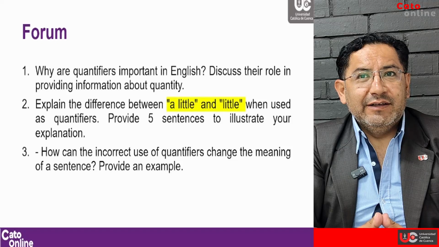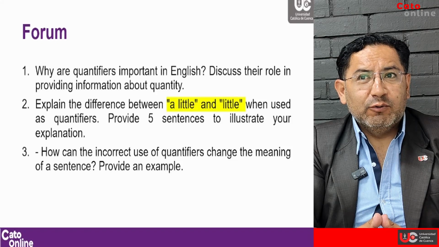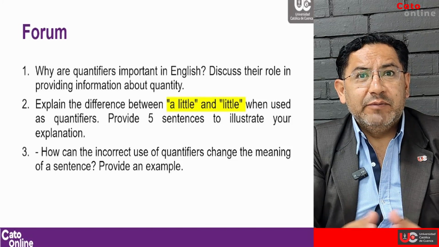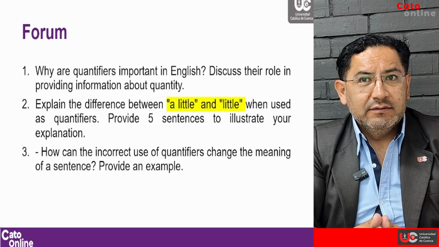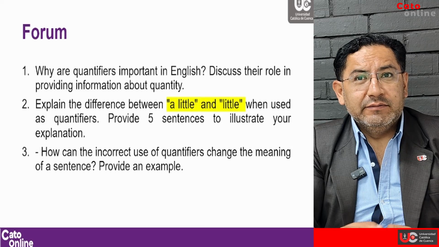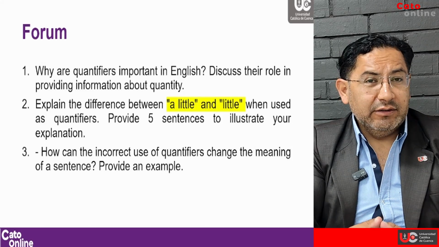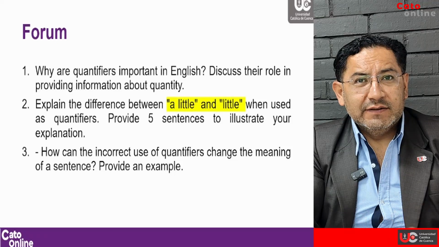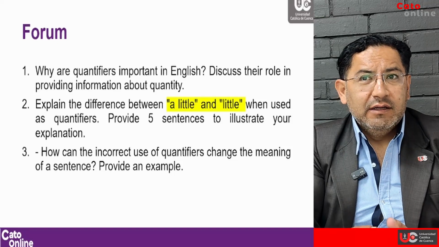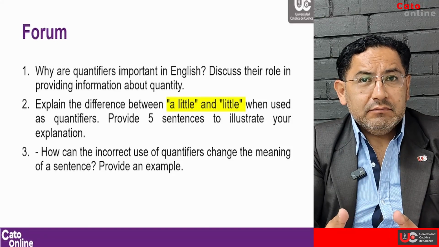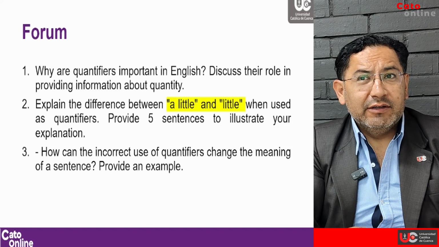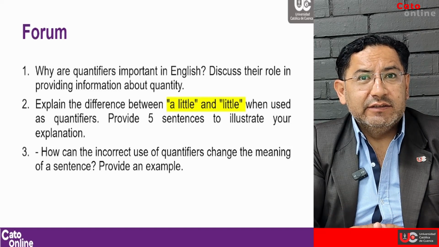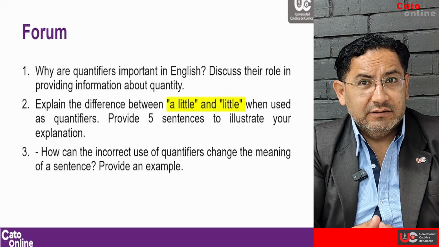Okay, how can the incorrect use of quantifiers change the meaning of a sentence? Provide an example. Focus on the incorrect use of quantifiers. Try to analyze the sentence, the context, and how the incorrect use of quantifiers can change the meaning of a sentence.